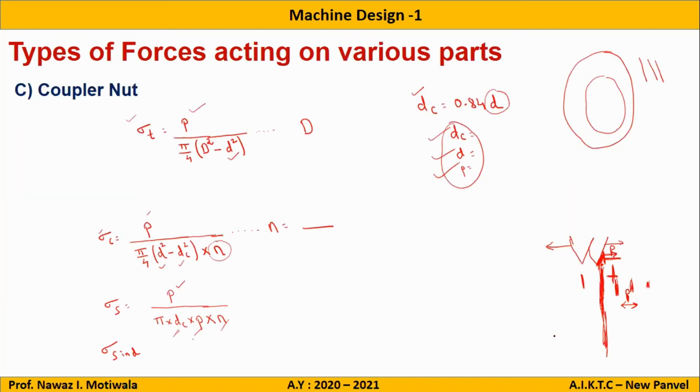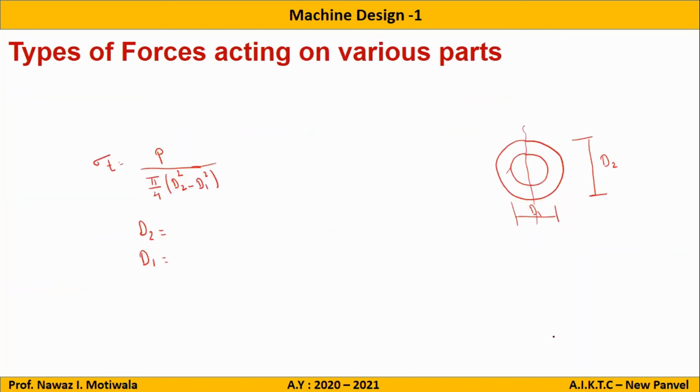So now again coming back to our process. We were here. Now we have seen that D1 can be written as D plus 6. Now what is unknown? The outer diameter of the coupler. Yes, the only unknown now is the outer diameter of the coupler, that is D2. So from here I will get the answer for D2.